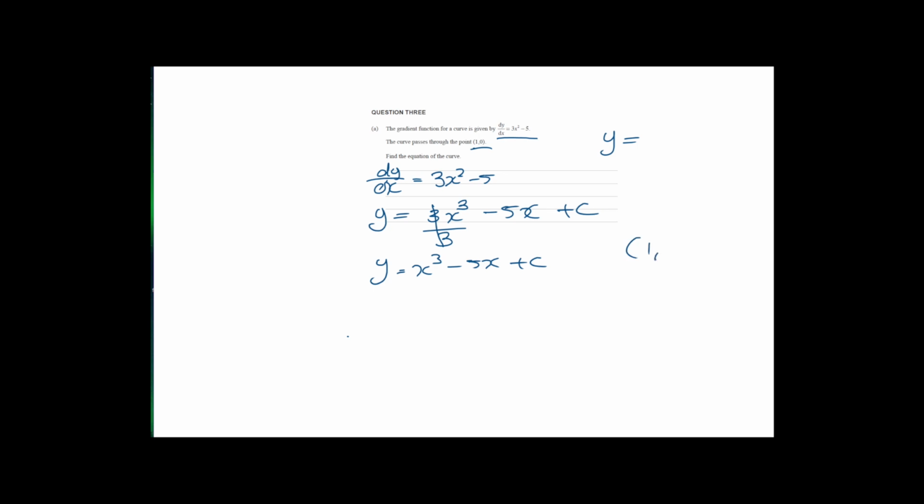And we're told that 1, 0 lies on that original curve. So in other words, wherever we have an x, we're going to have 1. Wherever we have a y, we're going to have 0. So 0 equals 1 cubed minus 5 times 1 plus c. So 0 equals 1 minus 5 plus c, minus 4 plus c equals 0.